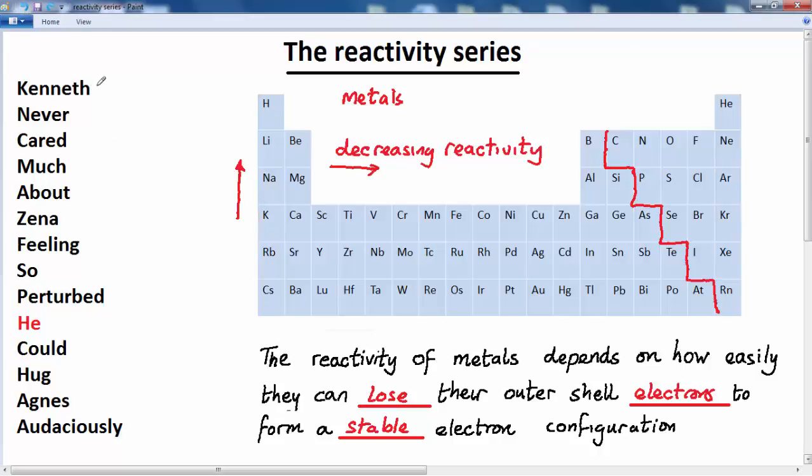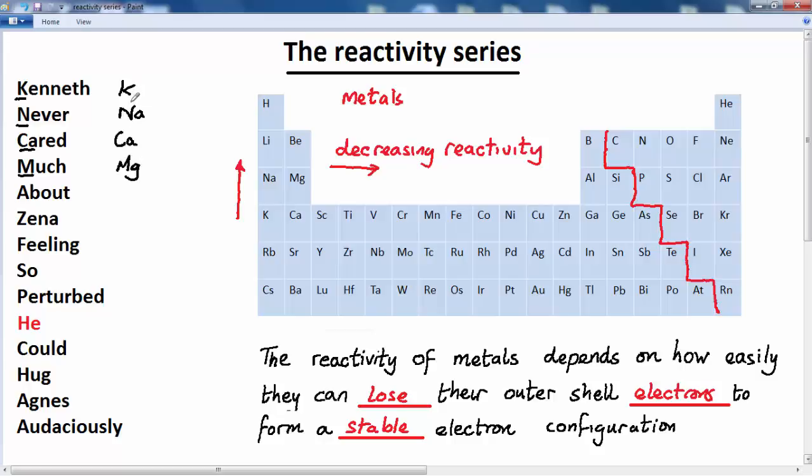And so first of all we have K, which is potassium, and then after that we have N, which is for sodium. And so what we're doing is we're moving down in decreasing reactivity. After that we've got Ca for calcium, then M for magnesium.